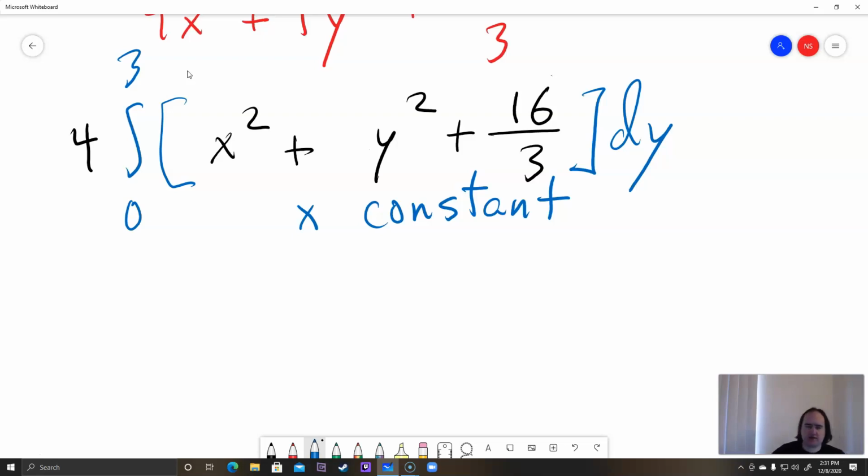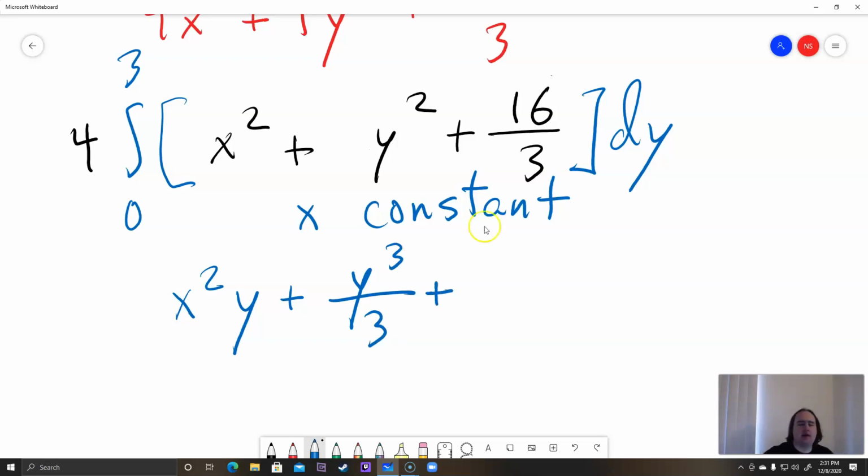So since x is constant, x squared is constant. And so the integral of a constant is that constant times the variable. So what we're going to get here is x squared times y plus, well, the integral of y squared, we have to add one to the exponent and divide by the new exponent. So that's going to give us y cubed over 3.